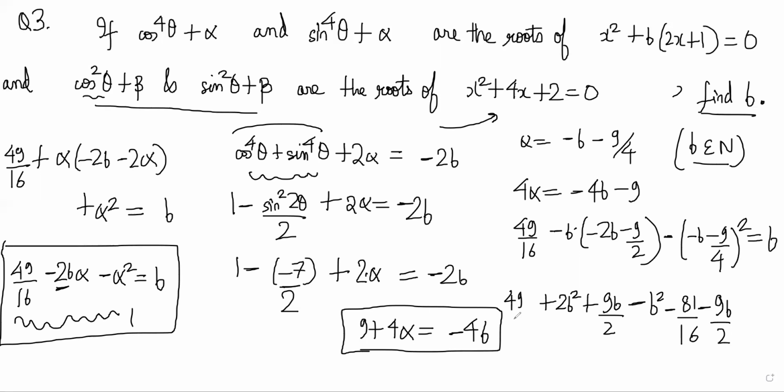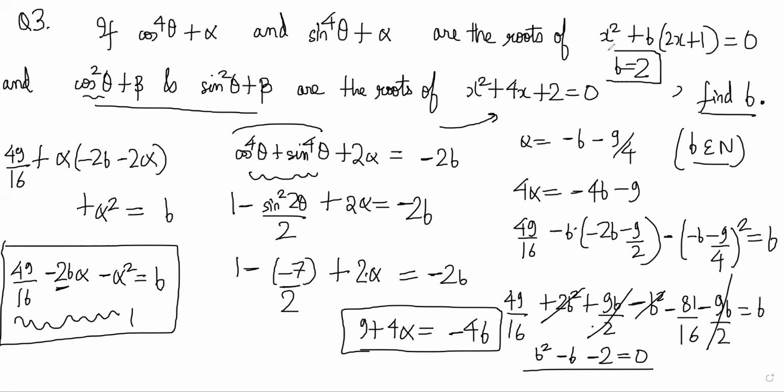And this is 49 by 16 is equal to b, right? Getting b square, 9b by 2 and this cancel. b square minus b minus 2, so b is 2 or -1. b is a natural number, so it will be 2.